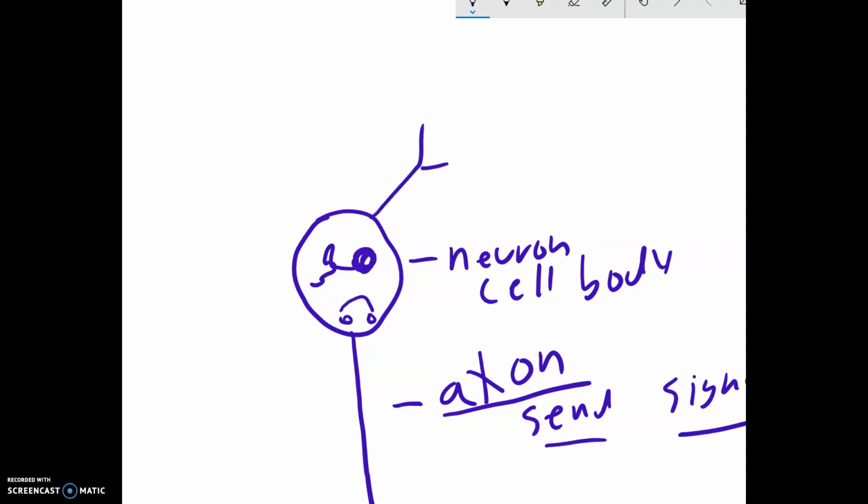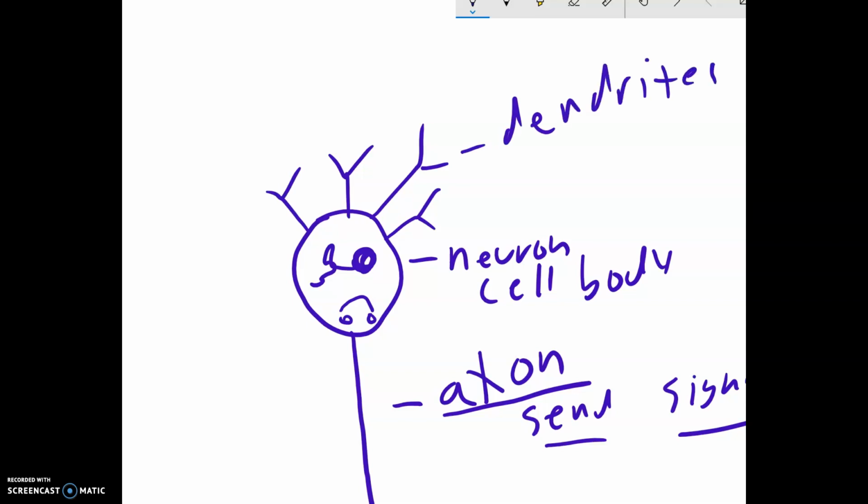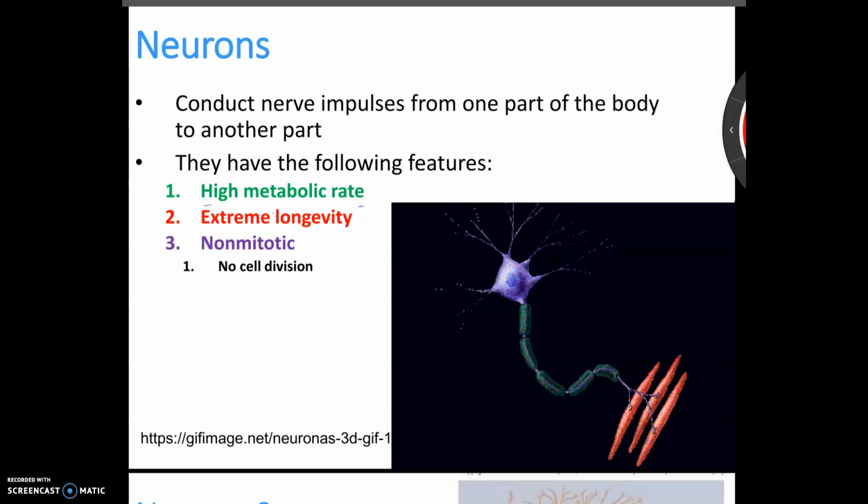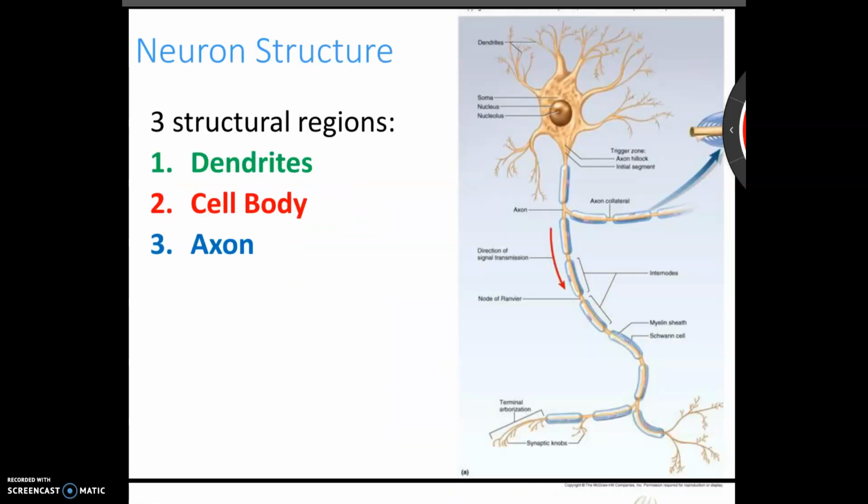Then, there's multiple dendrites. And the dendrites receive signals. So if we look at this picture, you have multiple dendrites here, and they receive signals.